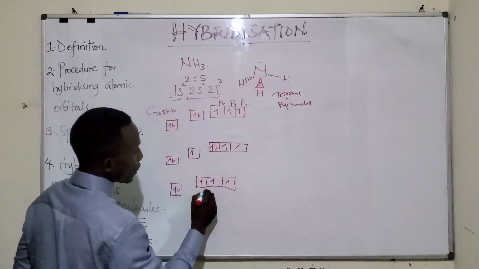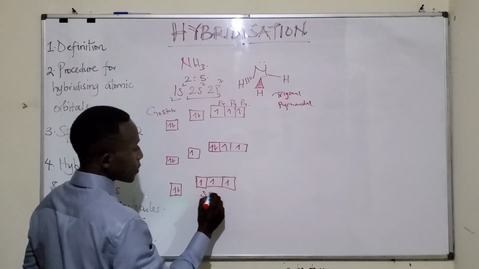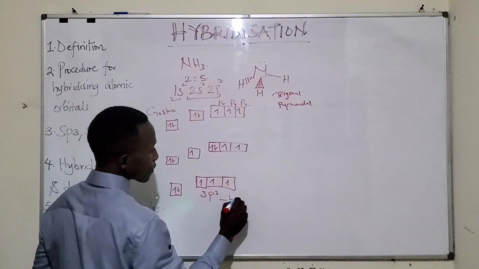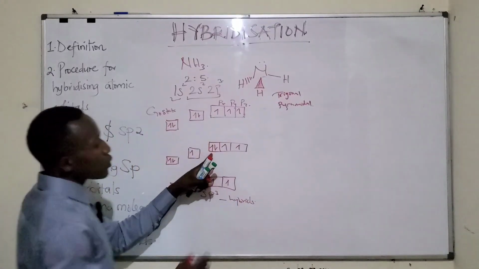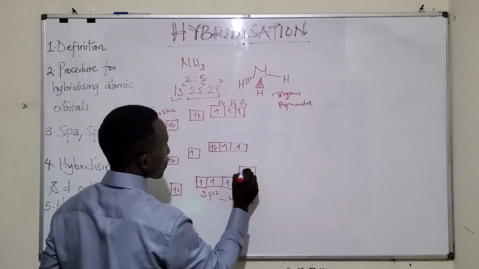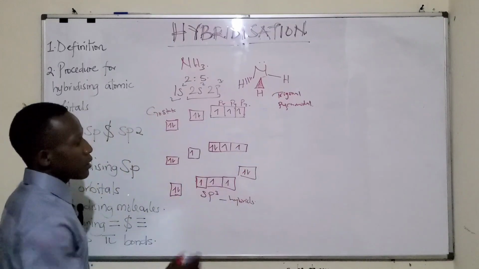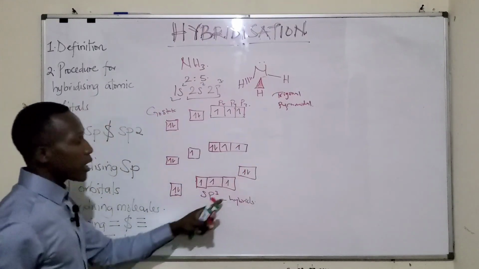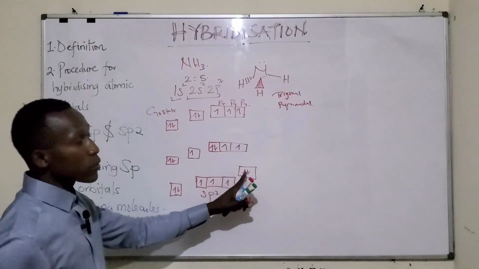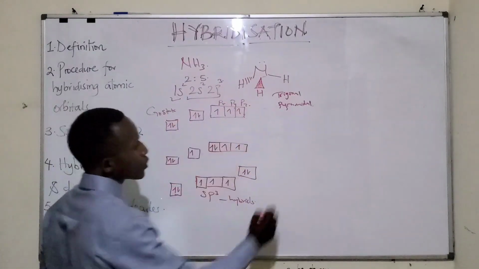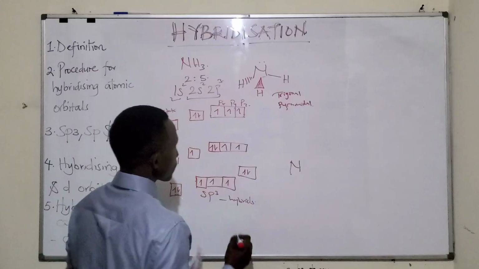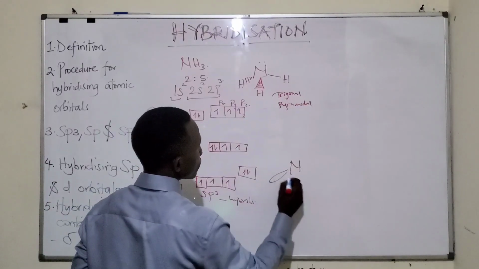This is S and we have 2p, so it is sp3 hybrids. These two will remain. They will not be hybridized. These 2 electrons remain as the lone pair of electrons. So we shall have nitrogen with the hybrids.